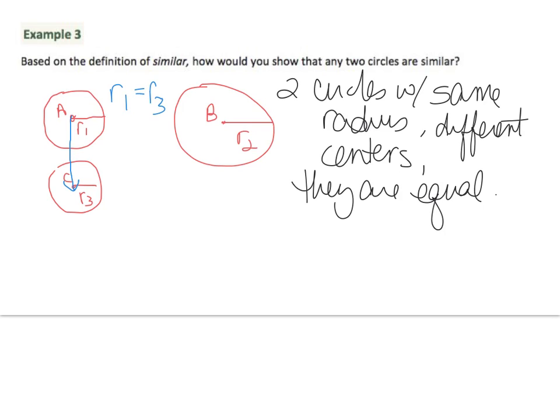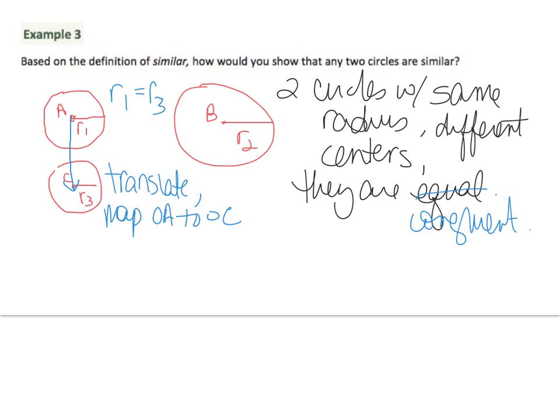Therefore, I can translate it along a vector and map circle A to circle C. So similar, these are actually congruent. And therefore similar.